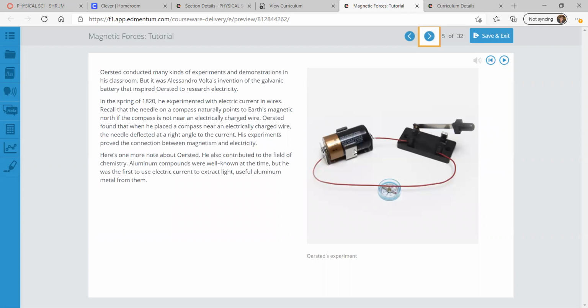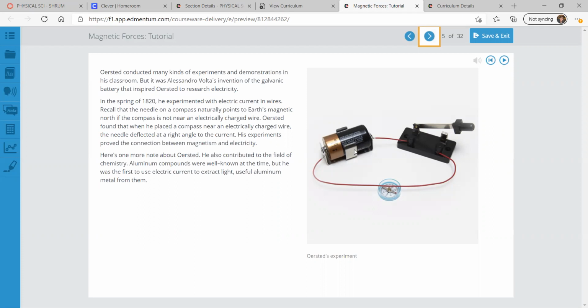He conducted many kinds of experiments and demonstrations in his classroom, but it was Alessandro Volta's invention of the galvanic battery that inspired Ørsted to research electricity. In the spring of 1820, he experimented with electric current in wires.